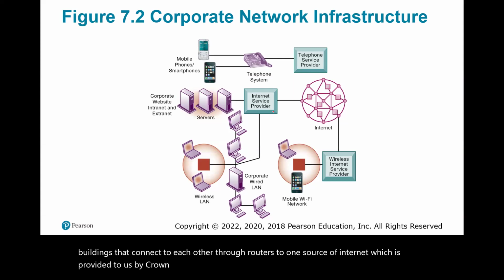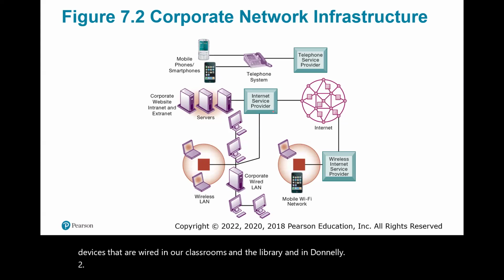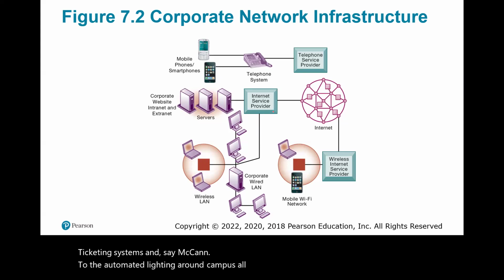So that's our phones when we're on FoxNet, with all the devices that are wired in our classrooms and the library and in Donnelly, to our ticketing systems in, say, McCann, to the automated lighting around campus, all connected in one network with each other.